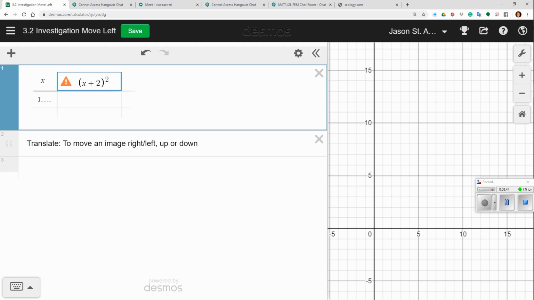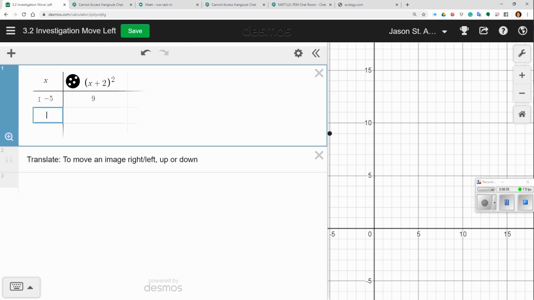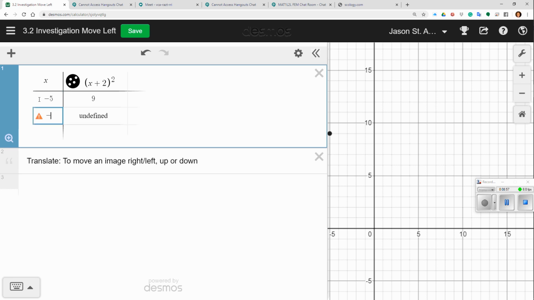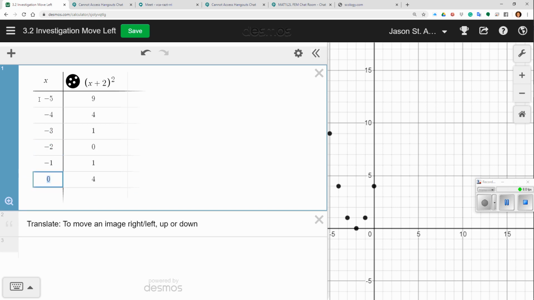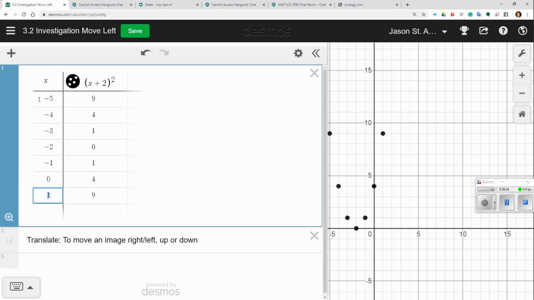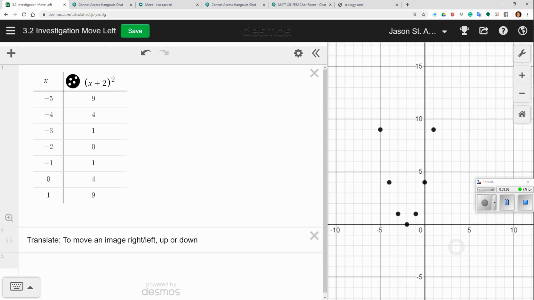So now let's see what happens. We're going to go from -5 to positive 4 to 1. And notice that is what our graph looks like.